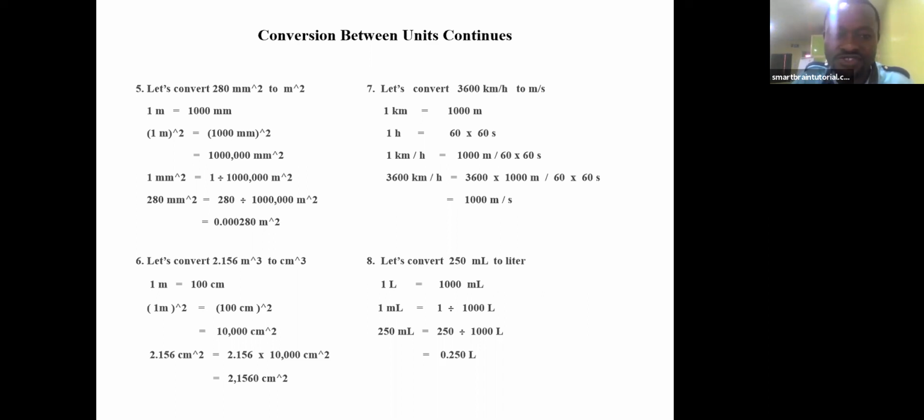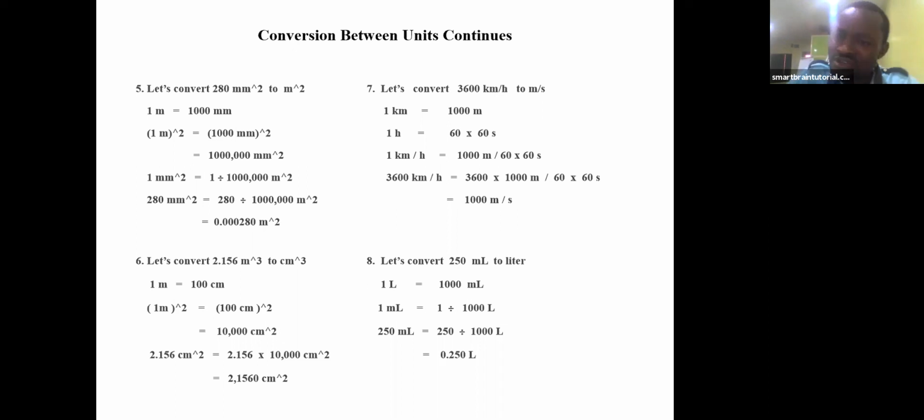Now, you multiply 1,000 times 1,000. That will give you 1 million millimeters squared. That means 1 meter squared is equivalent to 1 million millimeters squared.